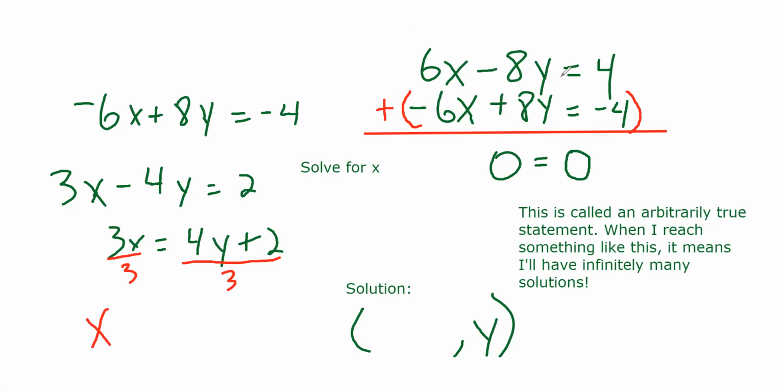So I'm going to end up with x equals (4y plus 2) over 3. And that is actually going to be my x coordinate in my solution. And that's exactly how I would write it.